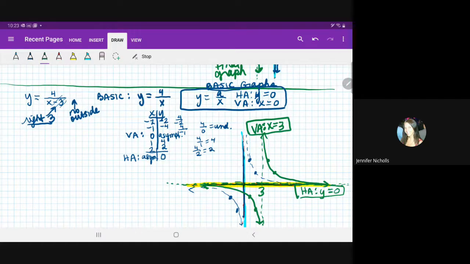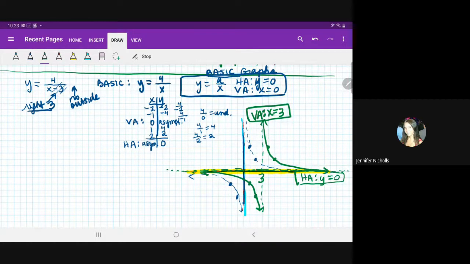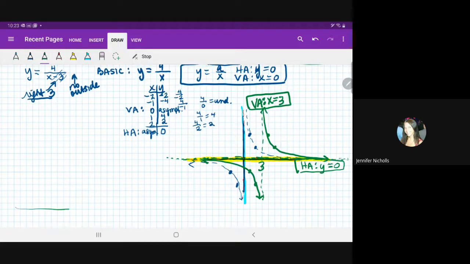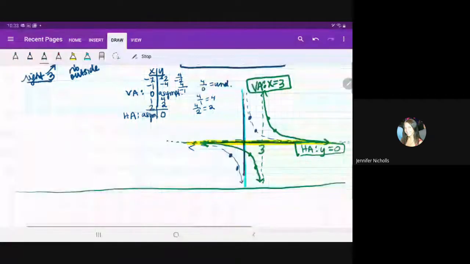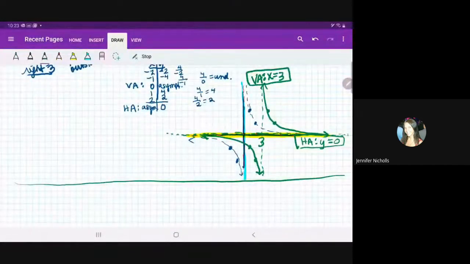We do have 7 minutes left, so I'm going to show how to find x and y intercepts. And we'll do more of that in the next video. So I'm curious. The reason why is I want to know in this last graph, I want to know where it crosses the y-axis.